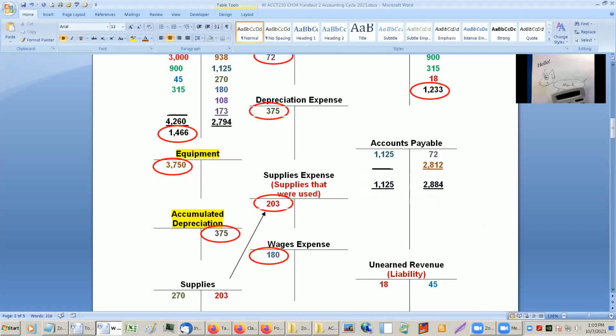Oh, I know why, because I put that stupid space in there. That's why. Okay, so 2884 minus 1125. 1759. Down here, 45 minus 18. 27, right?